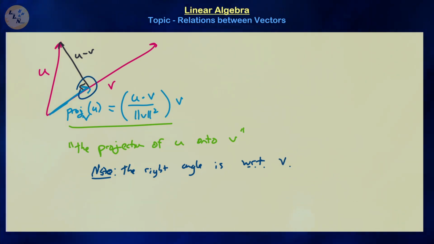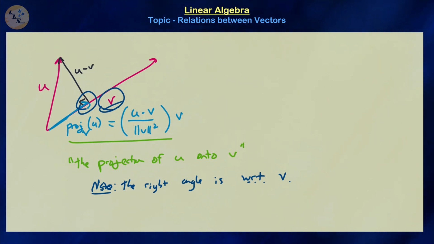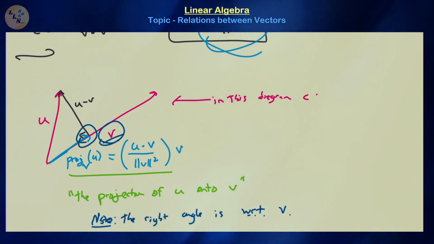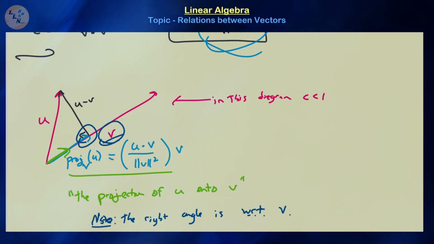Notice the right angle is on vector v, not vector u. That would be the projection of v onto u. Notice in this diagram that c is less than 1. If my vector v was right there, that means I would have to make it longer in order to obtain my projection.